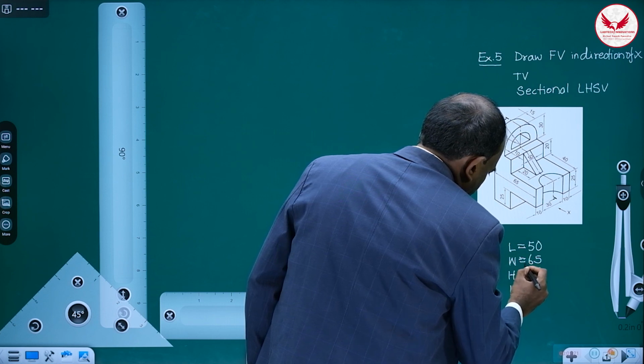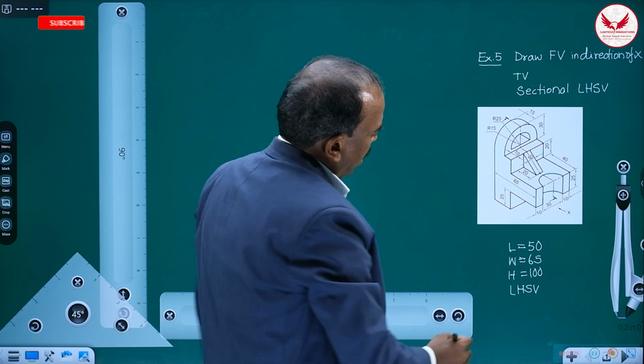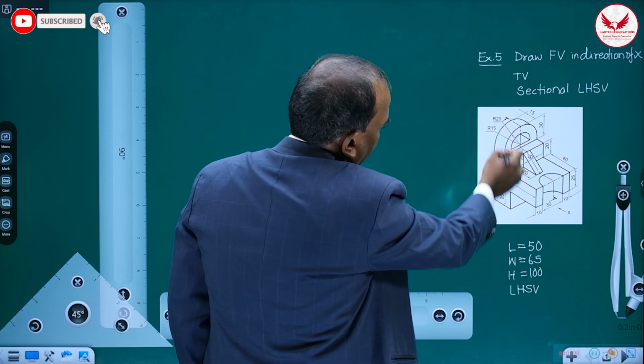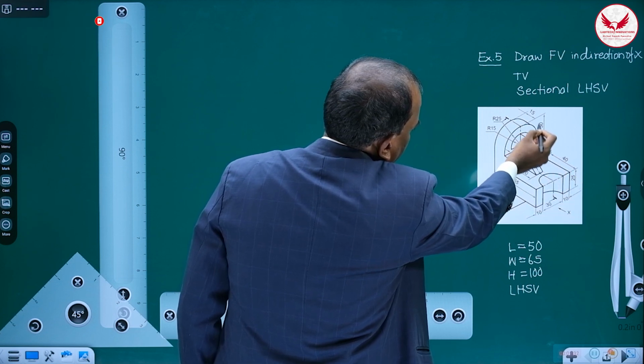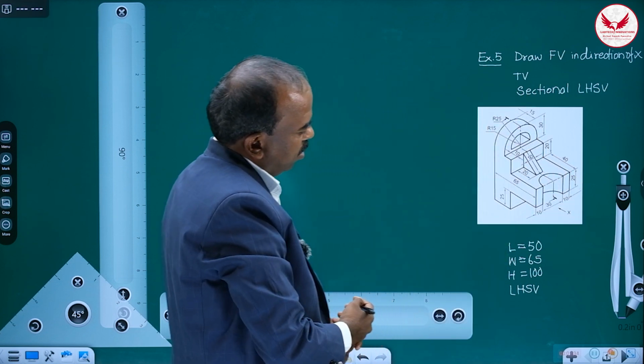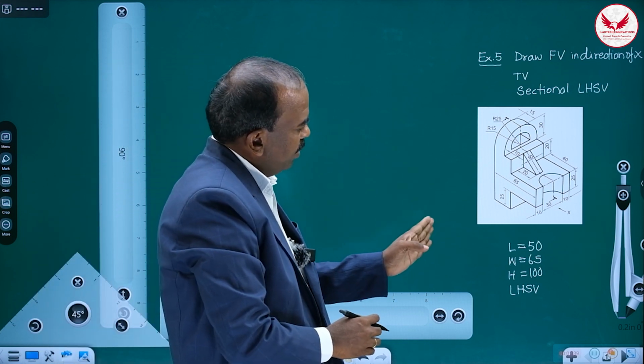Its width is 65, and the height of the object is 100. So this is 25 plus 25, then 20, and then 30, like this, so the overall height is 100.